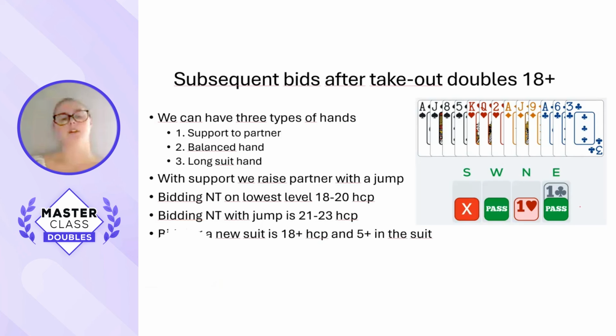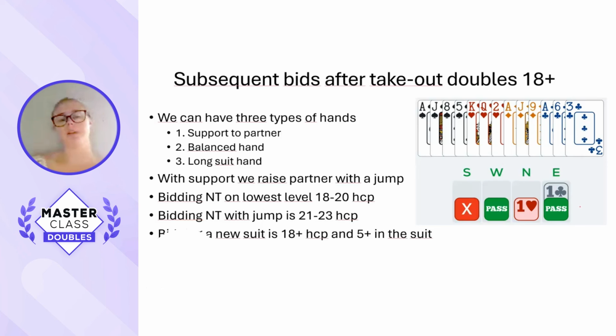And with a balanced hand, here it depends a little bit on our agreement. So if overcalling 1 no trump is 15 to 18, then bidding no trump on the lowest level will typically be 19 to 21. But if we play overcalling 1 no trump as 15 to 17, then bidding no trump on the lowest level will be 18 to 20.